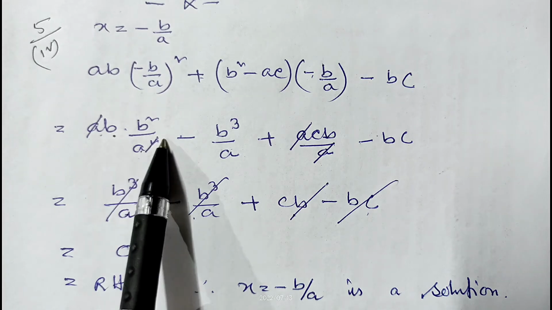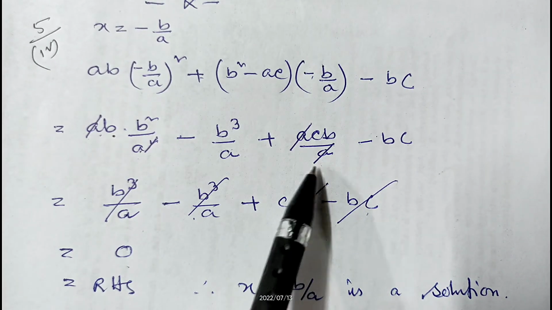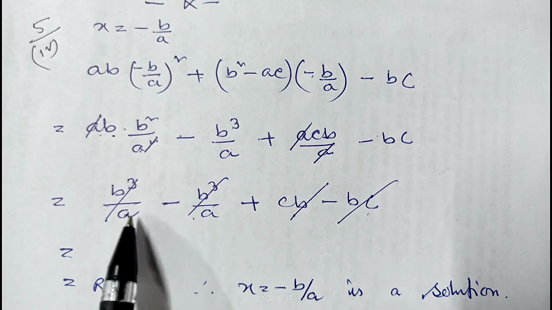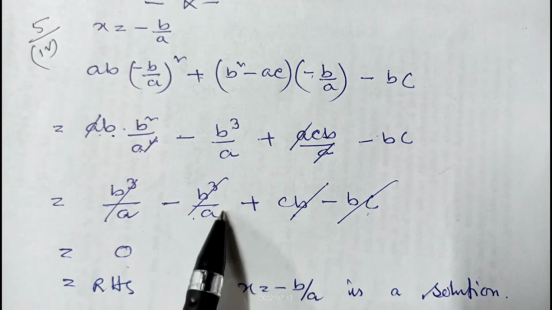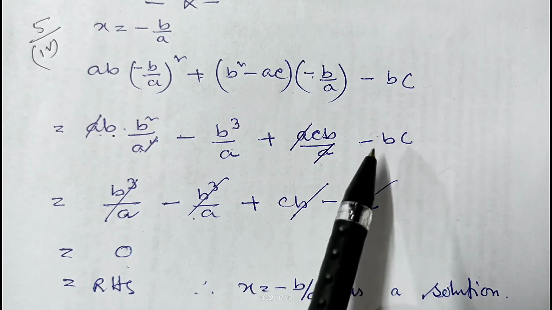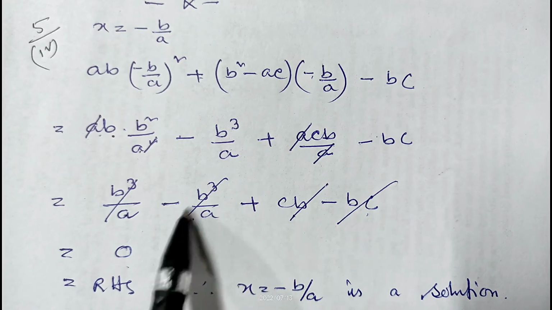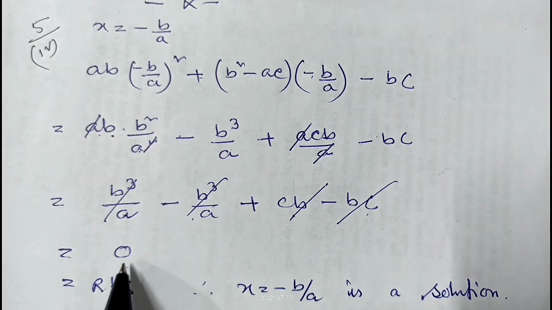This a and a square, one a can be cancelled, this a and this a also can be cancelled. So we are left with b cube by a minus b cube by a plus bc, because this a and a we have cancelled, minus bc. These two terms can be cancelled, these two terms also can be cancelled, so we are left with 0, which is the right hand side.